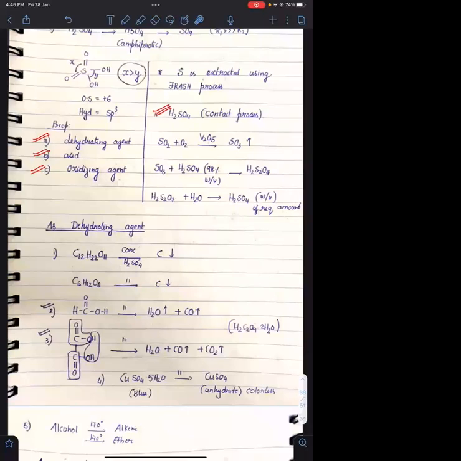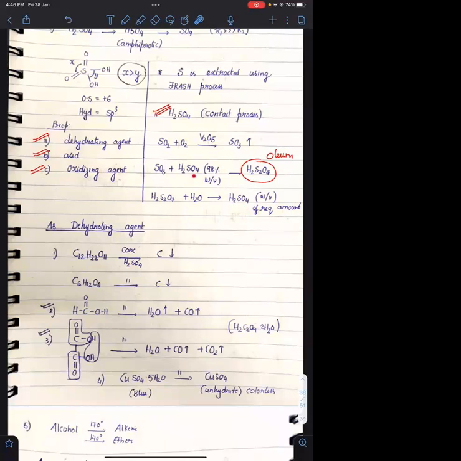What we do is react this formed SO3 with already existing H2SO4 solution, also called stock solution, meaning there is some concentration of that H2SO4. When I react it with SO3, it converts into oleum first. That oleum, whenever it is dissolved in water, gives you H2SO4.